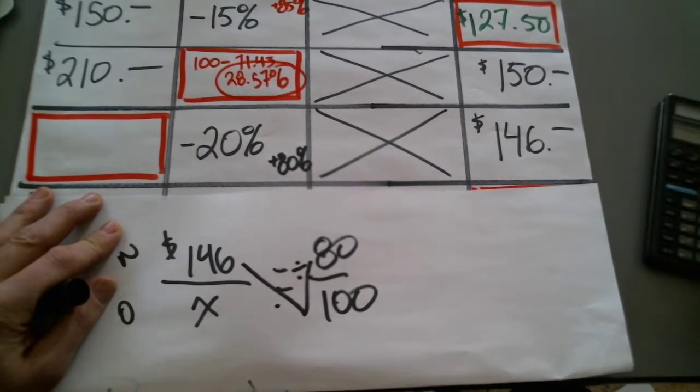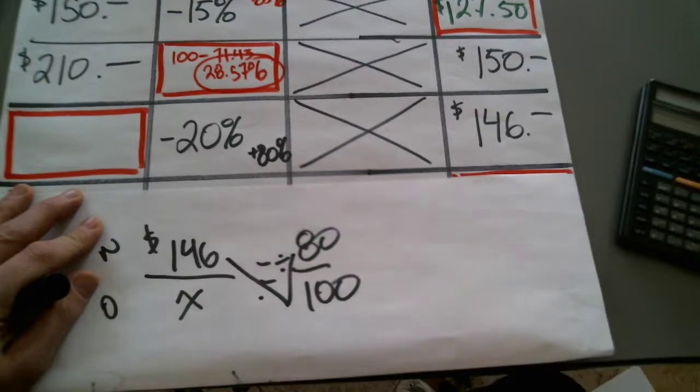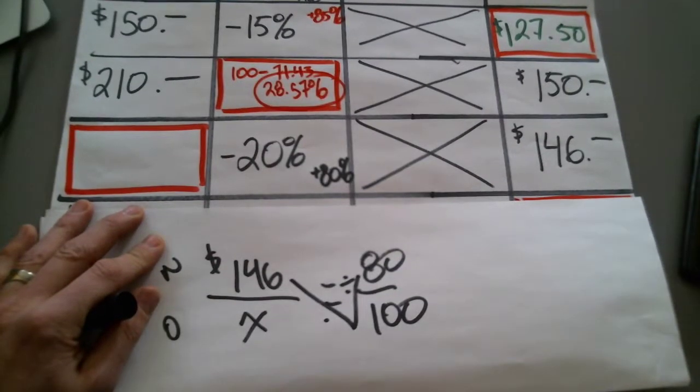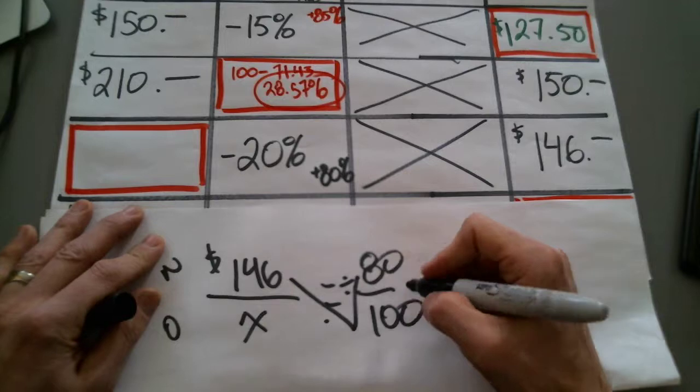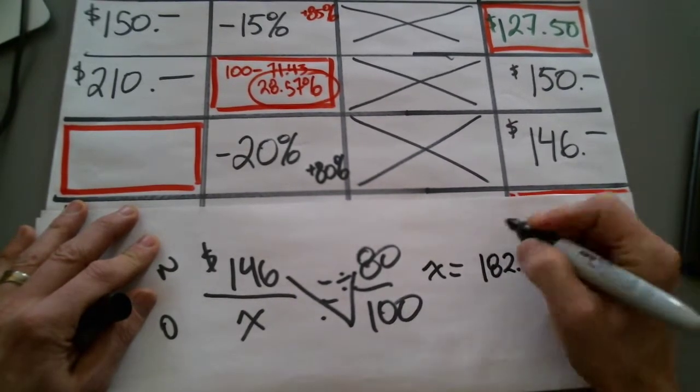146 times 100 divided by 80 gives me not the right answer. Hold on, did something wrong? Oh no, that was right. Do you know why I said that wasn't right? The number was bigger than my number. So this actually comes out, X is going to equal $182.5.